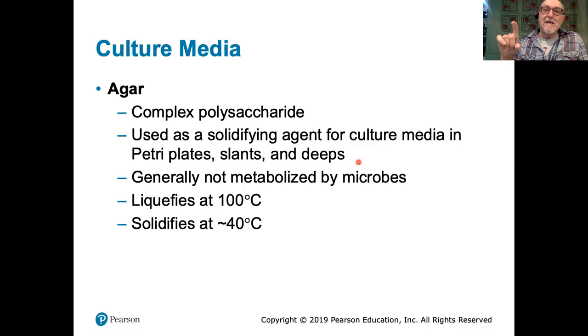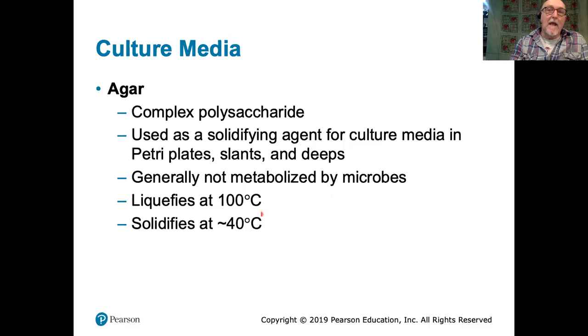We often use a deep for storing bacteria because we can stab deep into the agar, inoculate deep into the agar. So how we use the agar depends on the setting, depends on what we pour it into and how we keep it.